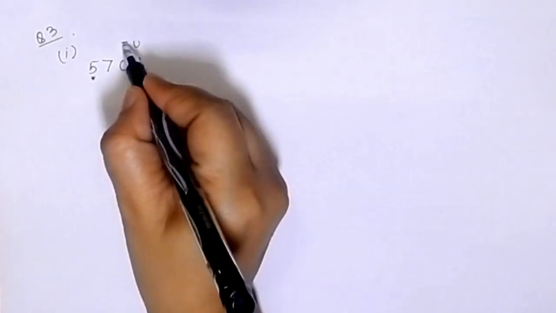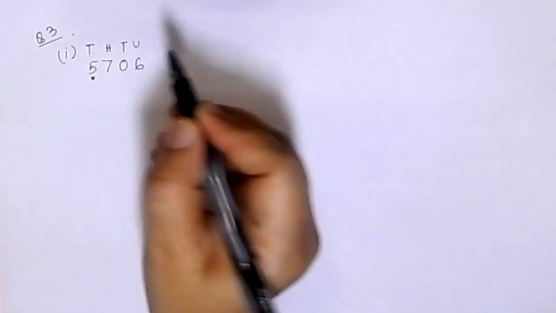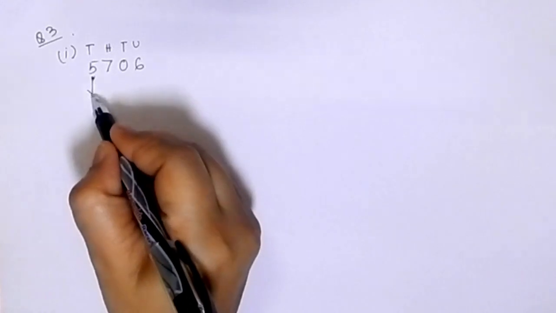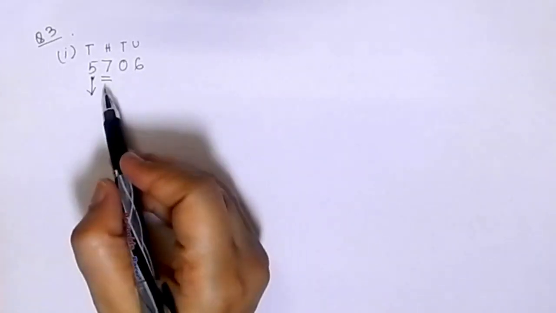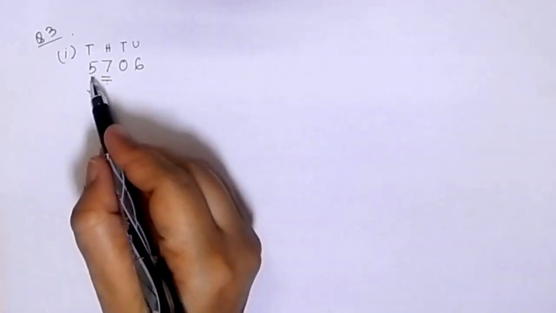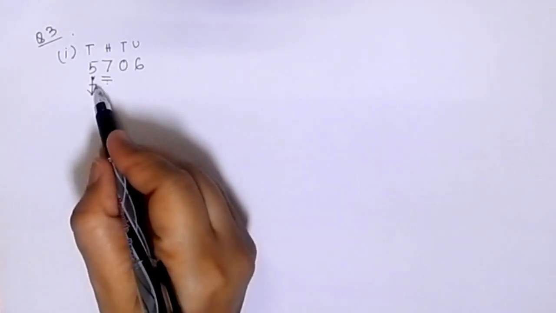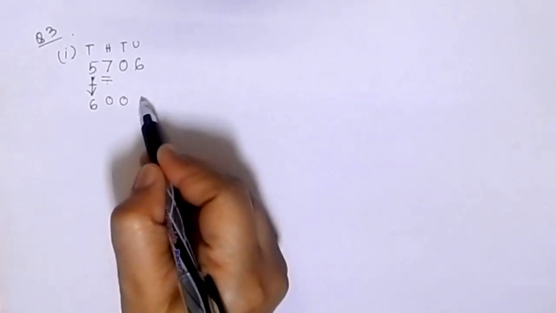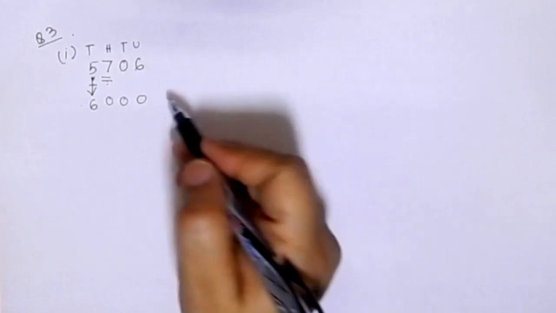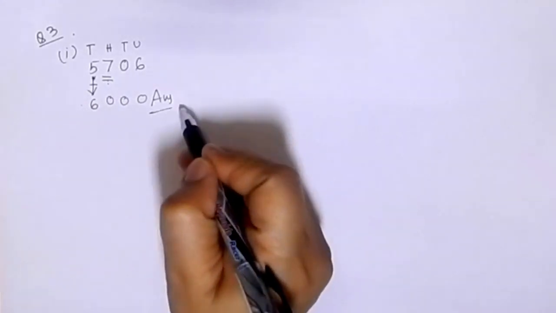So unit, 10, 100, 1000. So this is the rounding off position. Let us check this number. This is 7, so this is more than 5. So if it is more than 5, then what will happen? This will increase by 1, so this becomes 6, and all right hand side digits become 0, and here there is no left hand side number, so this is the answer.